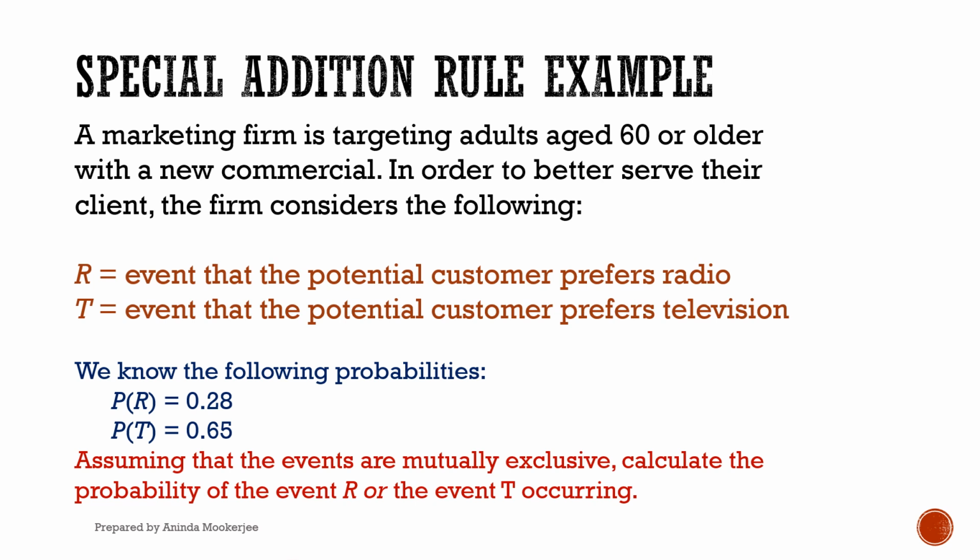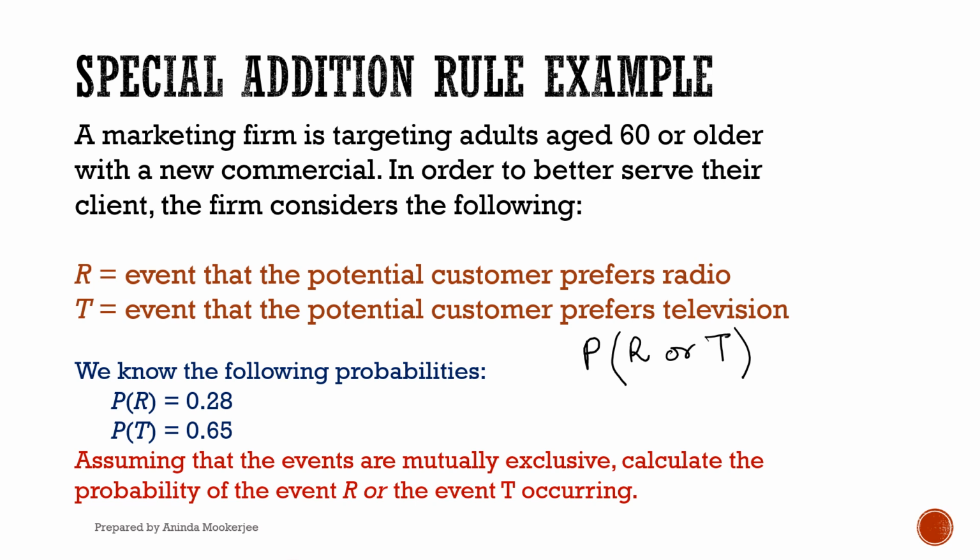The whole probability situation is written out as P of R or T. So the probability of R occurring or the probability of T occurring. Now, the special addition rule can only be applied if the events are mutually exclusive.